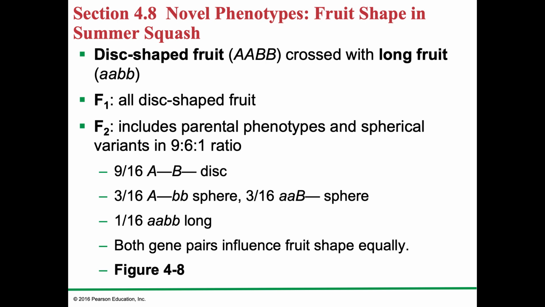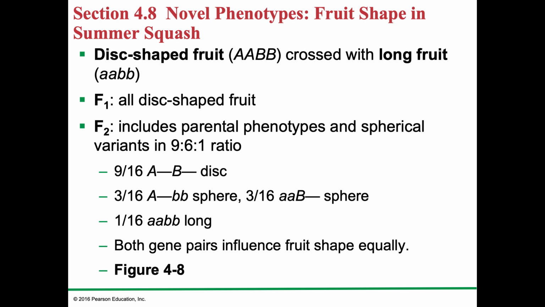So when you take a true breeding disc-shaped squash and cross it with a true breeding long squash, your F1 are going to be your heterozygotes. So your big A, little a, big B, little b, are all going to be disc-shaped. Because you have dominant alleles at both loci, you end up with this disc-shaped fruit.